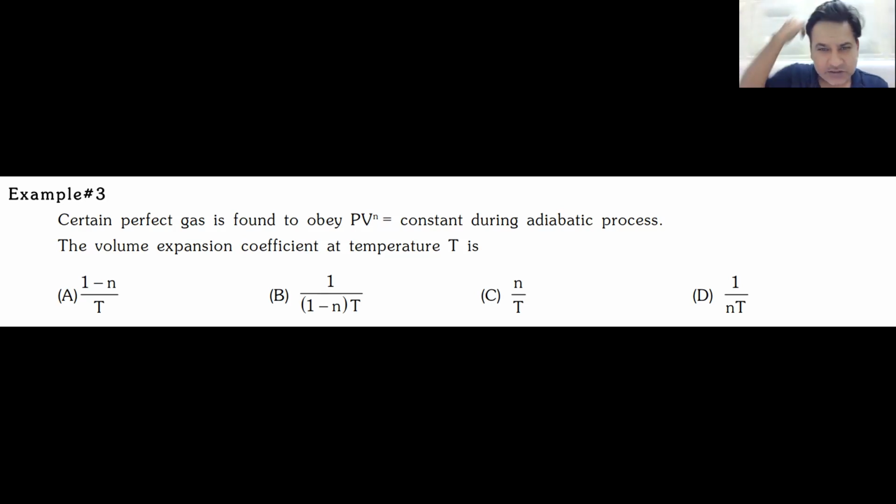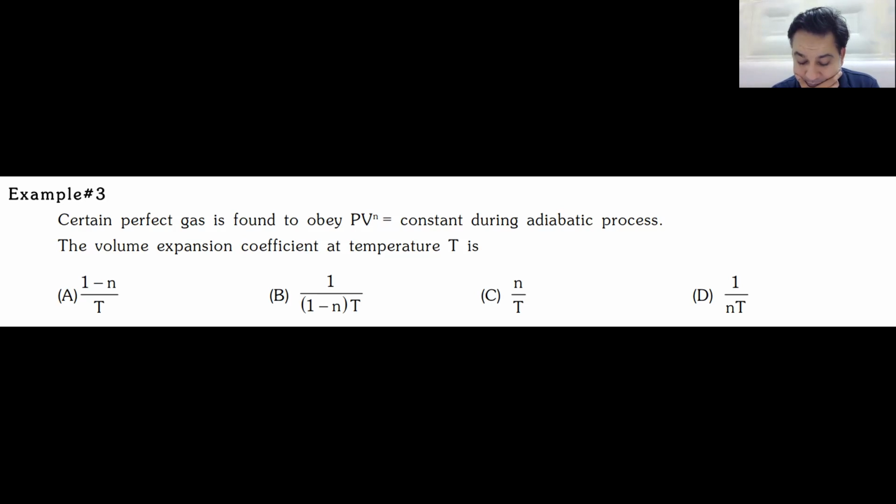Sometimes they ask you such terms which you might not know. Have you heard this term? Well, if you heard this term, then congratulations, you know 70% of this question. Tell me what is the answer.